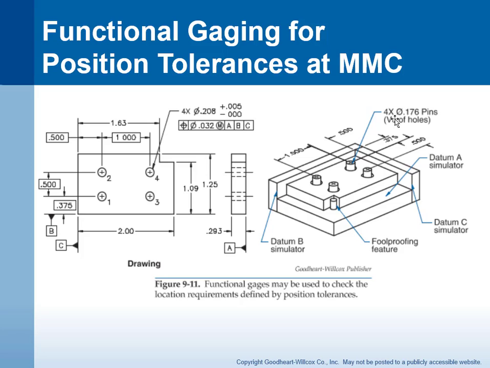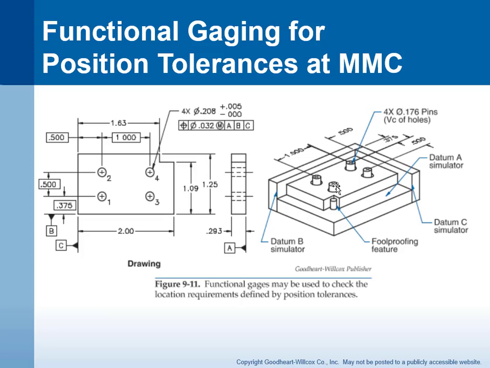So we make the 4 pins at the virtual condition. We locate the 4 pins on our functional gauge here at the basic dimensions of the part, the 375, the 500. Okay, so to use this functional gauge to check the part, what I do is I take my part and I put it over the functional gauge.